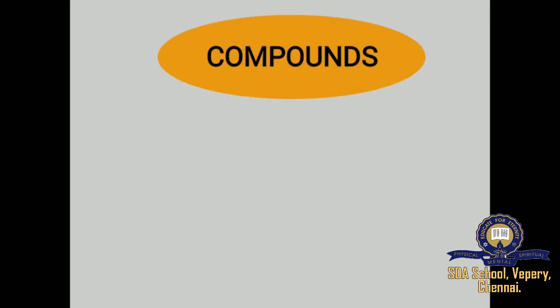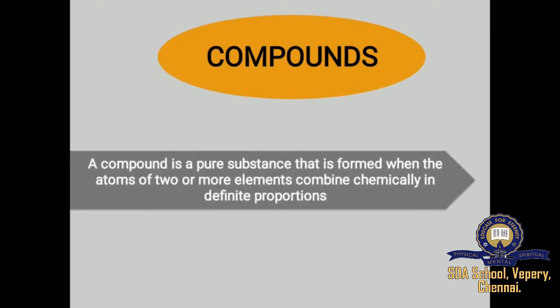Next is compounds. A compound is a pure substance that is formed when the atoms of two or more elements combine chemically in definite proportions.